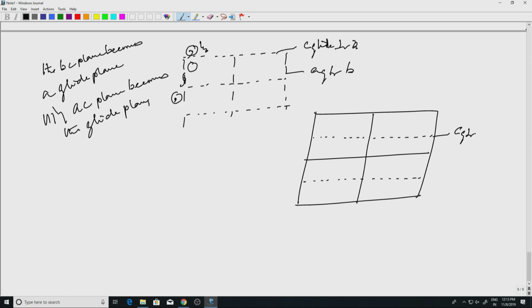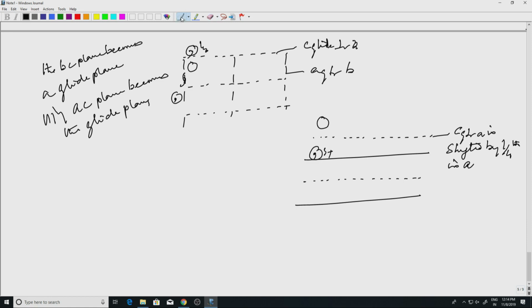C glide perpendicular to A is shifted by 1/4 in A. So it gets subtracted, it comes here. This is the A glide.